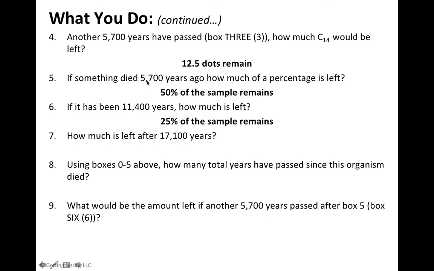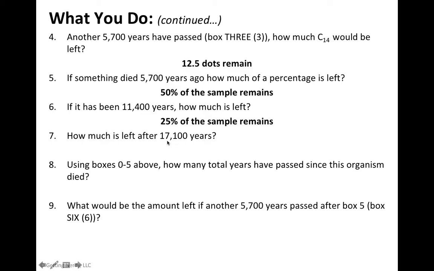So if we think about it, 11,400 divided by 2 is 5,700. So we're just breaking it in half every time. So we start with a full organism with all the carbons, and then only 50% of the carbon is left. And then only 25% of the carbon is left. So now if we think about 17,100 years, how much is left?